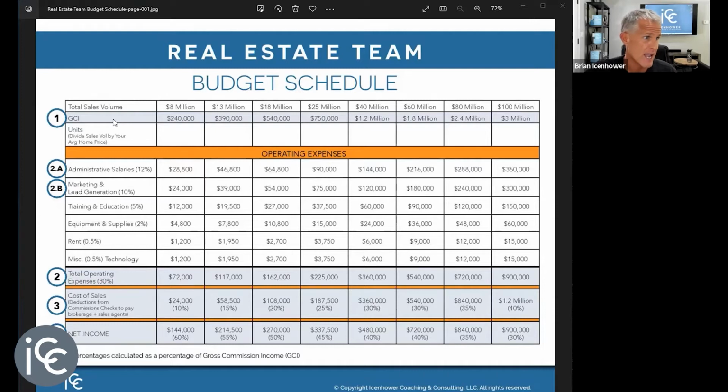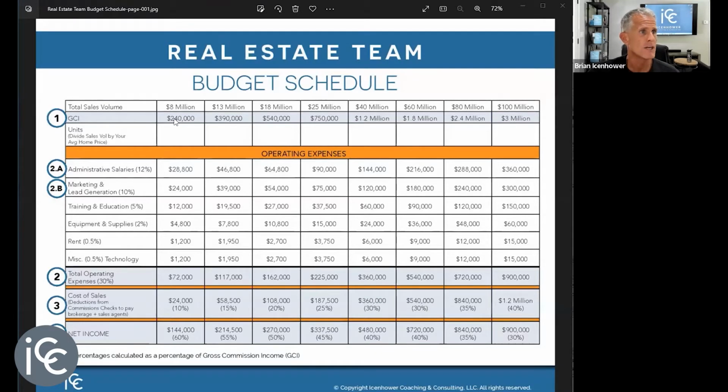Say you sell and get a $10,000 commission, if 3% is what you charge, and 3% equals $10,000, and you're on a 70-30 split with your broker, 30% goes to the broker, that's $3,000, and $7,000 goes to you. That's your net commission income. $10,000 is the gross commission income.